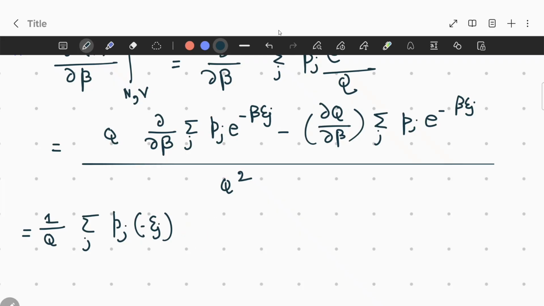minus beta Ej, right? If you do that derivation in the first term, will you get any other term?